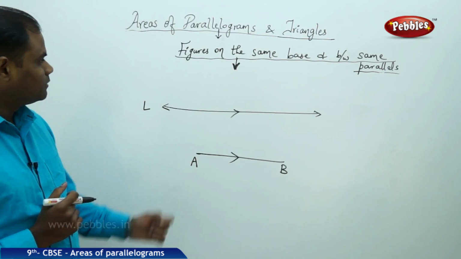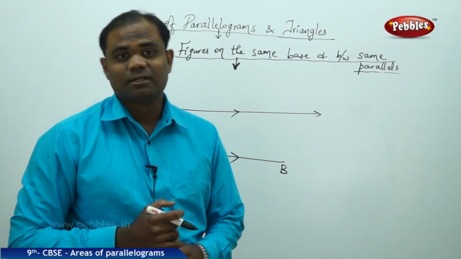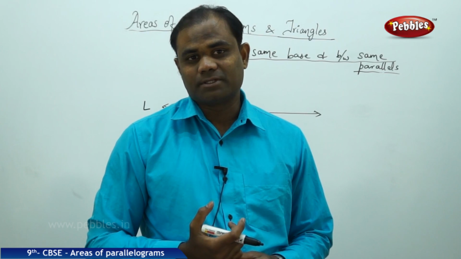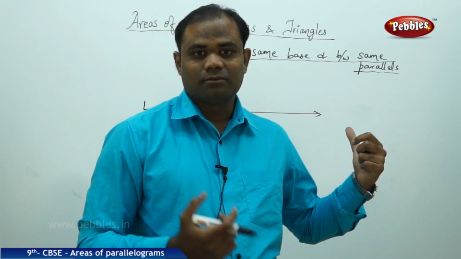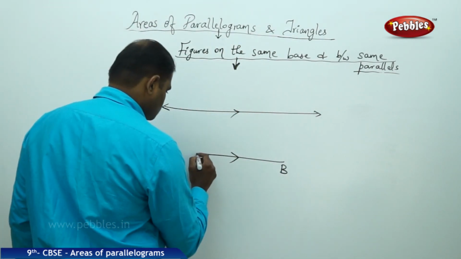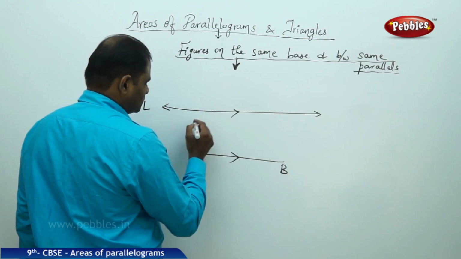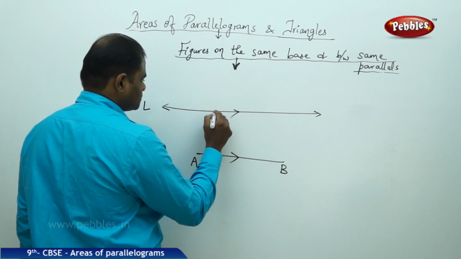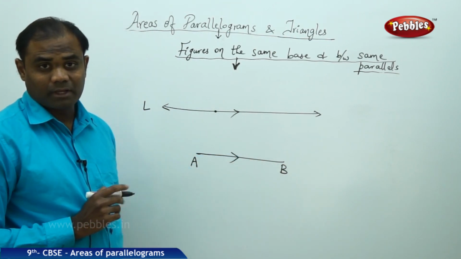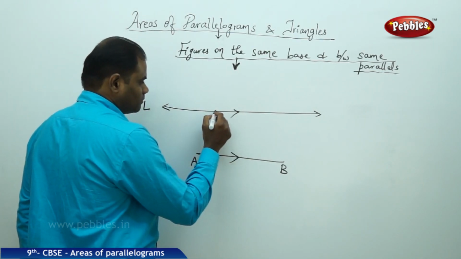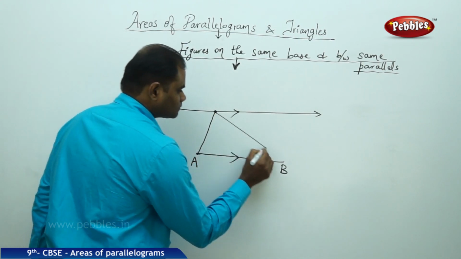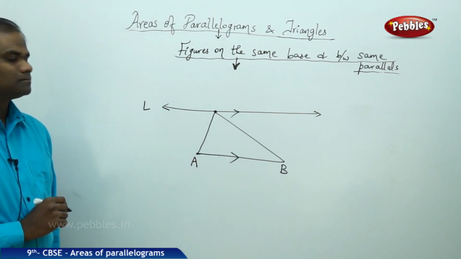Now it says that any figure you take on the same base and between same parallels will have certain geometrical properties. So let's see what are the geometrical properties connected with two figures on the same base and between same parallels. For example, let me take a triangle. Suppose I draw a triangle with the base AB, and let's see the figure 1 which is obtained by drawing a triangle.